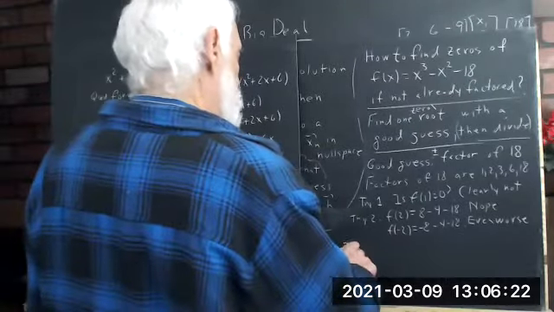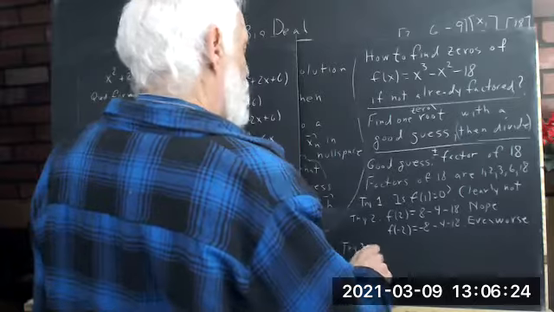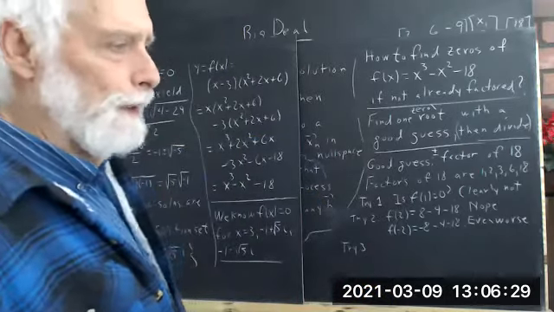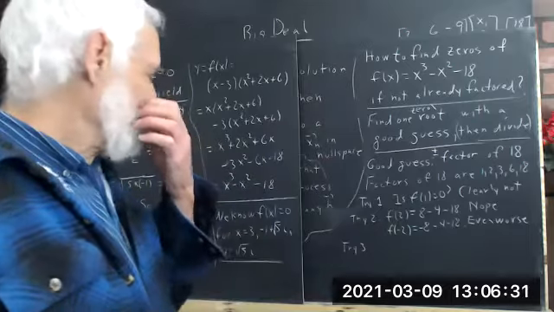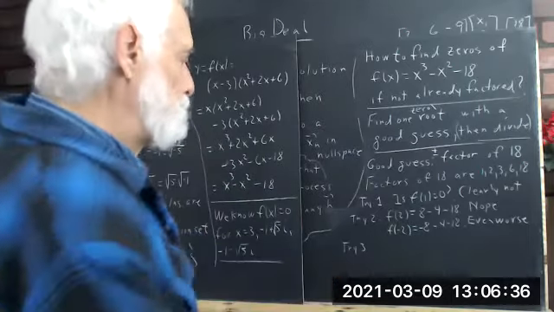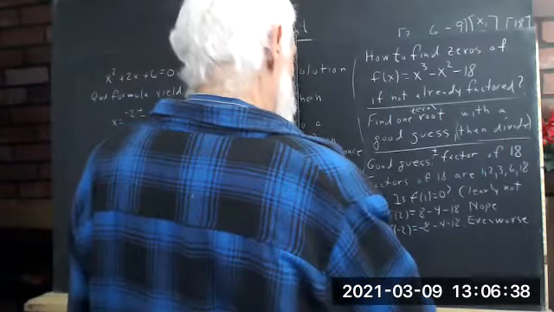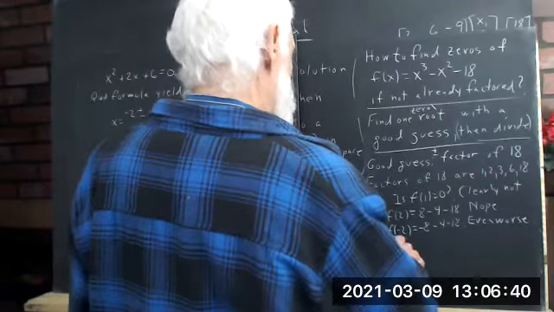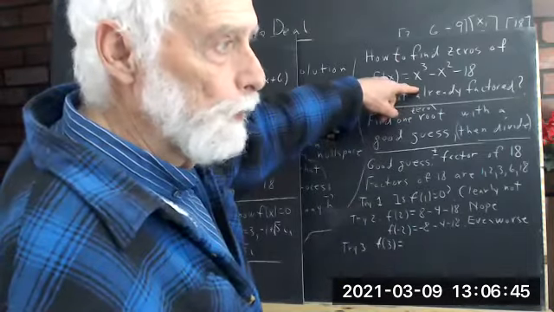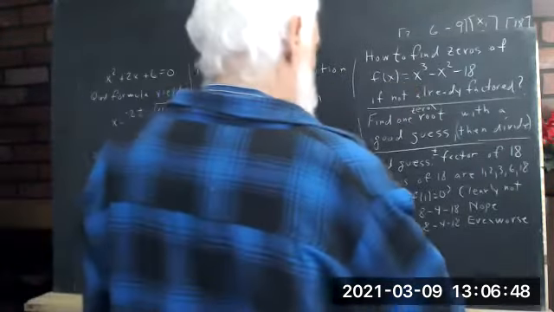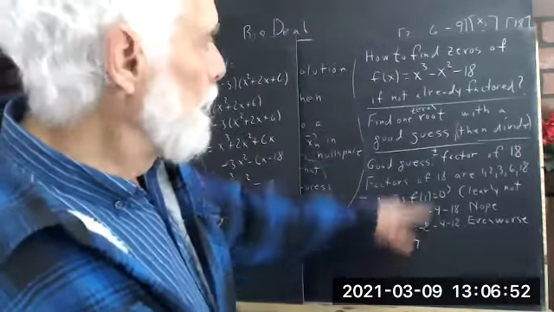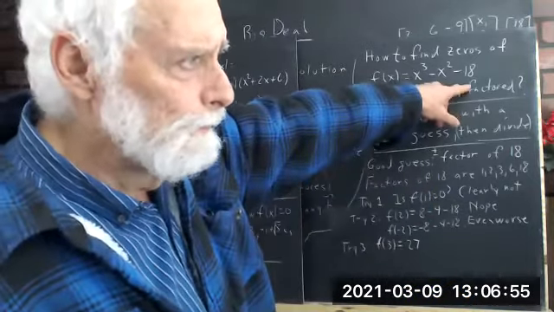Okay, so we're going to try 3. Now, 3 is going to work if I've multiplied this correctly, and I checked it out, and it seems pretty clear that it works. We're going to try 3. F of 3, well, we plug in 3 for x, we get 27. Now we're getting numbers big enough to maybe handle that -18 there.